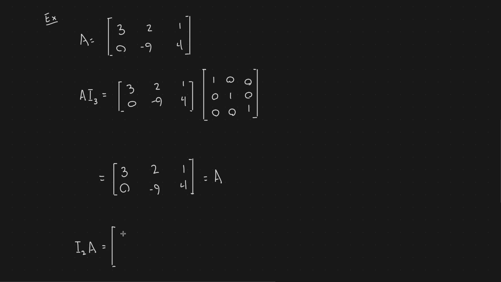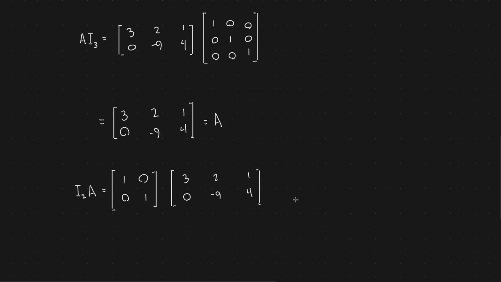The 2 by 2 identity matrix, 1s along the main diagonal, 0s everywhere else. So this is a 2 by 2, this is a 2 by 3. My resulting matrix will be a 2 by 3.